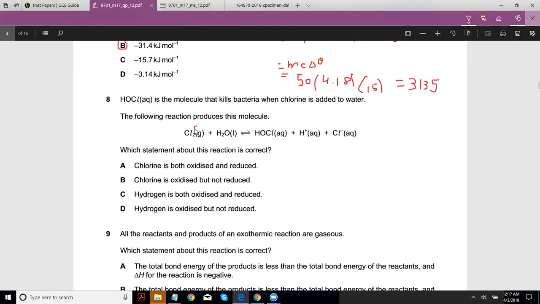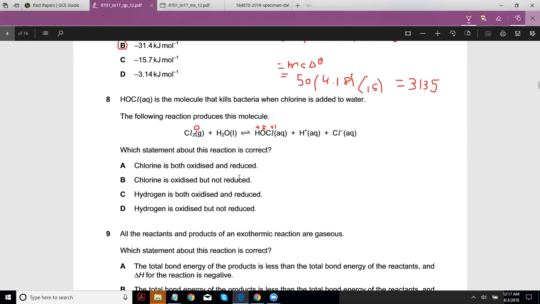In elemental form, Cl2, the oxidation state is 0. In HOCl, H is positive, oxygen is 2 negative, and Cl is +1. Chlorine can have variable oxidation states, and just to balance it out, it all adds to 0, so it has +1.